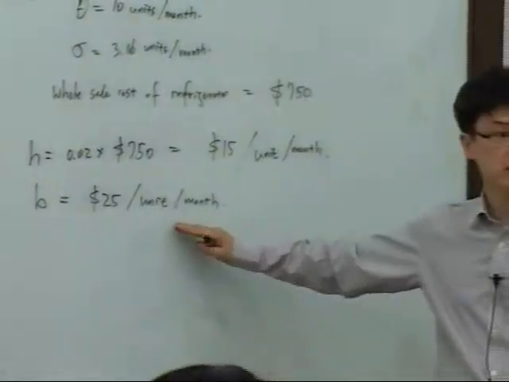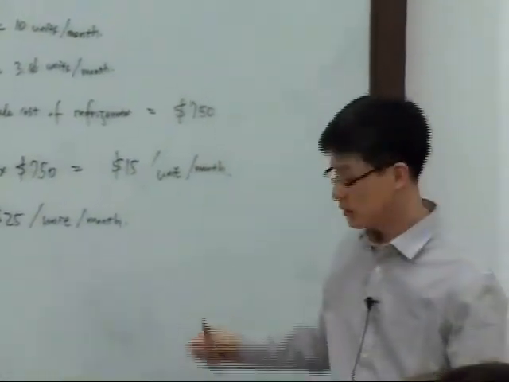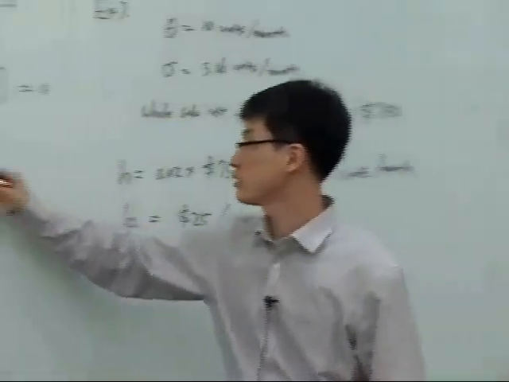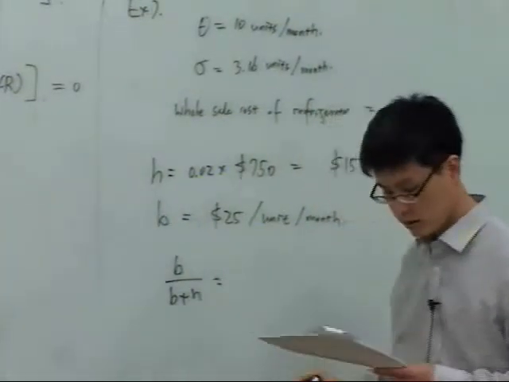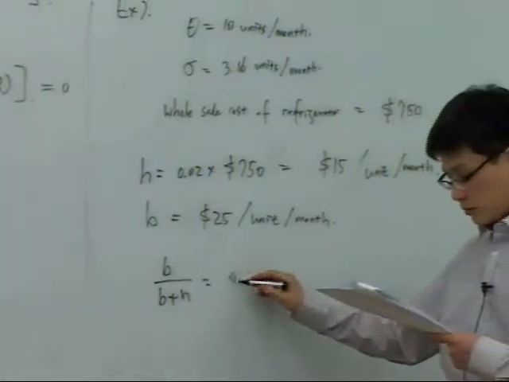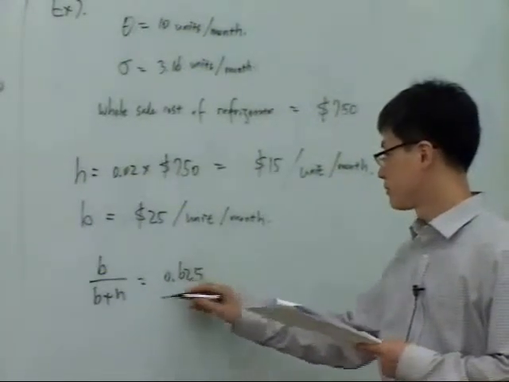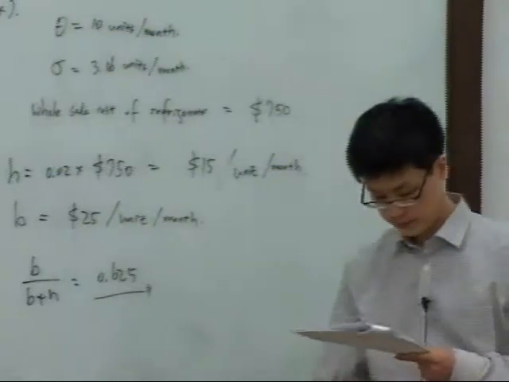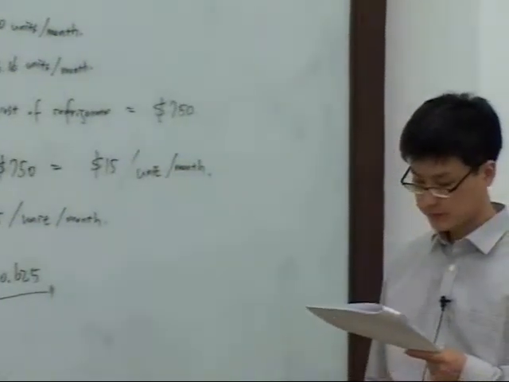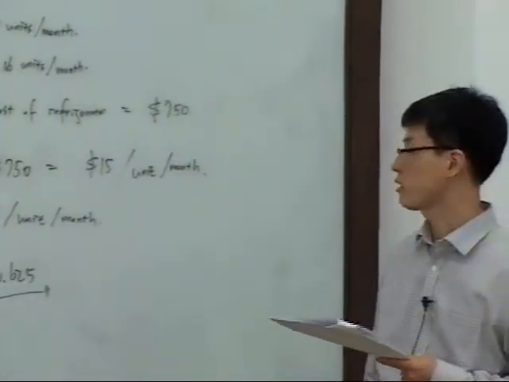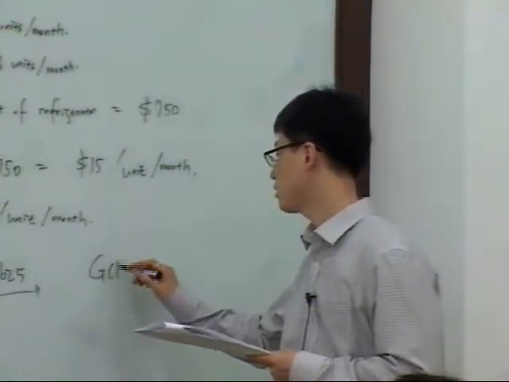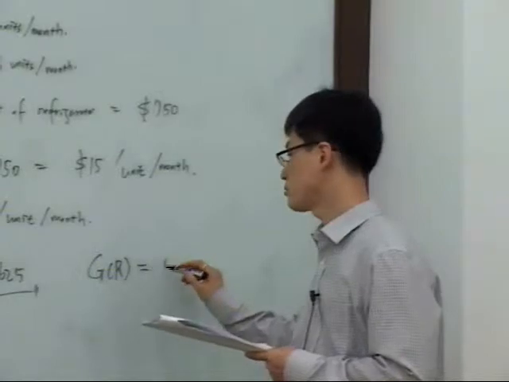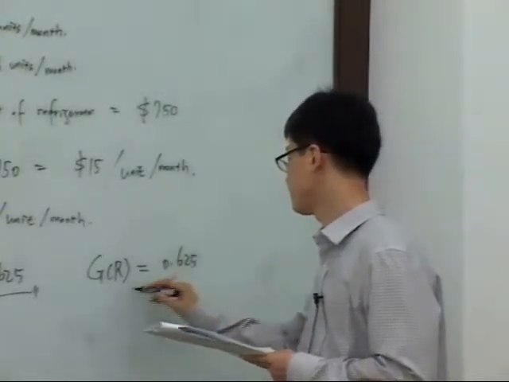Okay, and let's assume B is $25, and we can calculate B over B plus H, which is 0.625. Now we have to calculate G(R), which is equal to 0.625.